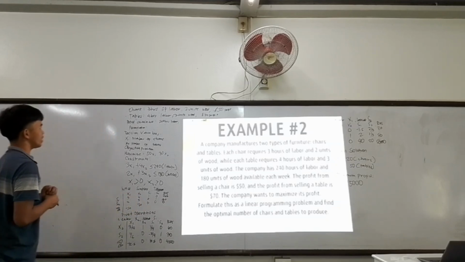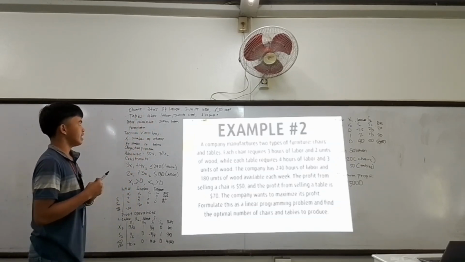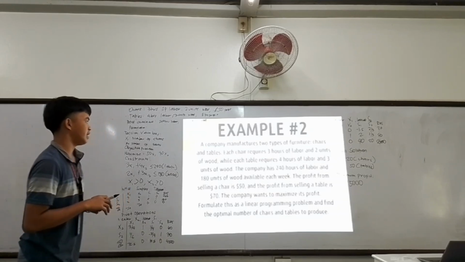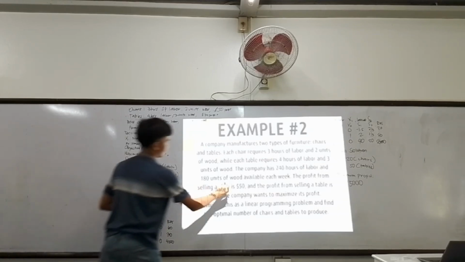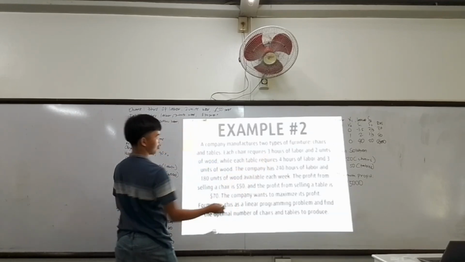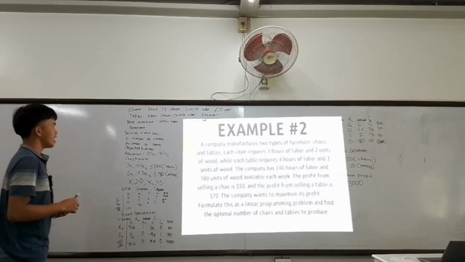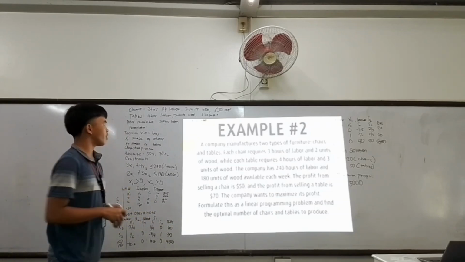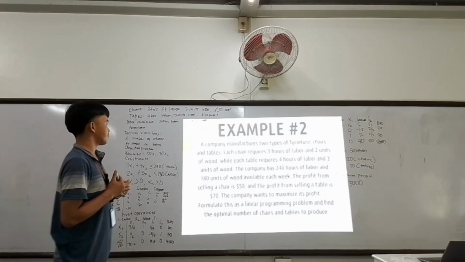So for the solution, we have chairs: 3 hours of labor, 2 units of wood and $50 profit. For tables, we have 4 hours of labor, 3 units of wood, and $70 profit.